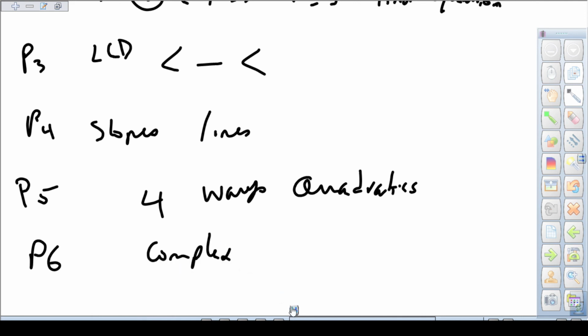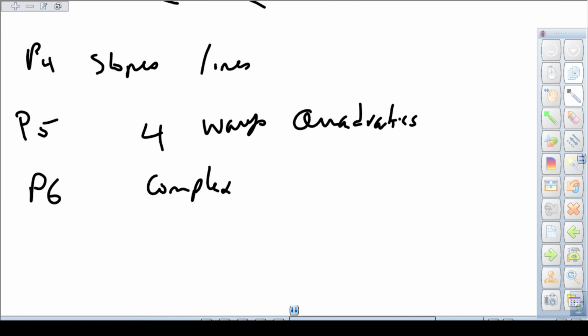And one big thing about the complex numbers is, for example, how not to have i's in the denominator. So (2 plus 5i) over (3 minus 2i). This is not fine. This is not standard. The standard is not to have i's in the denominator. So you have to multiply by the conjugate.